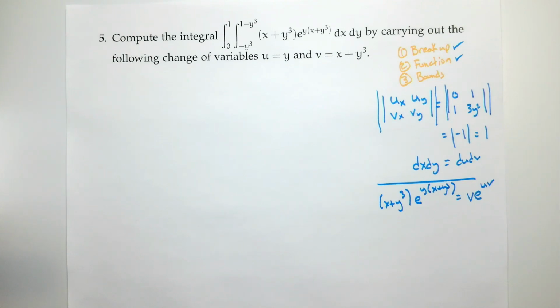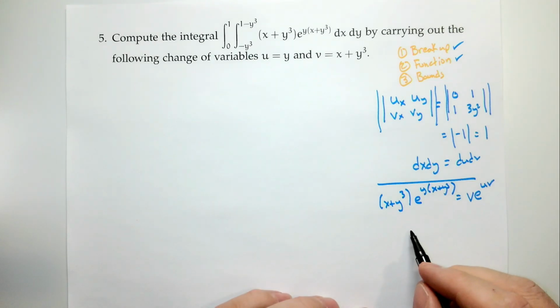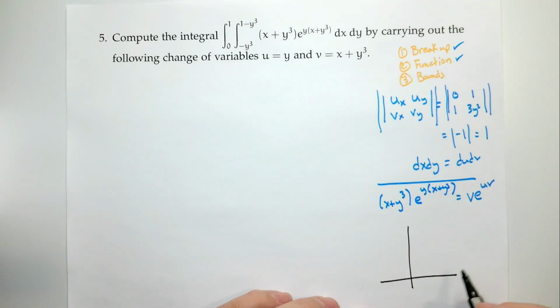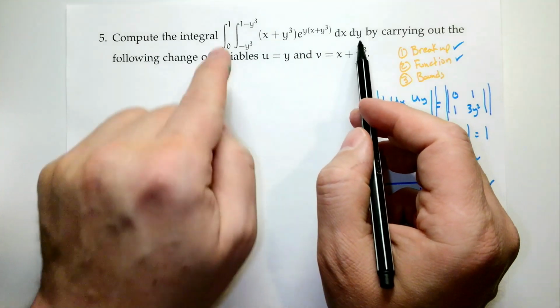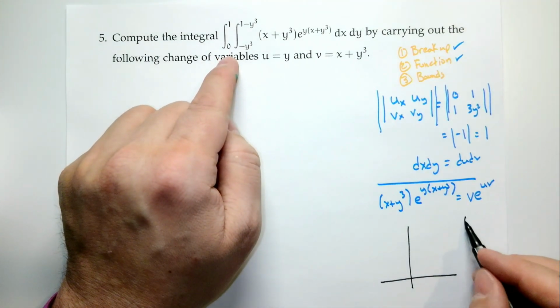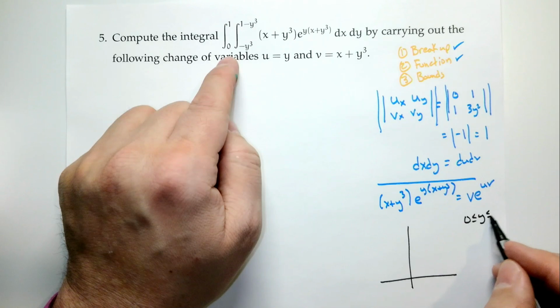Okay, that brings us to our bounds. We must not forget the bounds. Now, what do the bounds look like? These aren't maybe the most convenient bounds that we've ever worked with, but that's okay. Why would that stop us? Well, we're told on the outer layer we have that we go from 0 up to 1 for y.